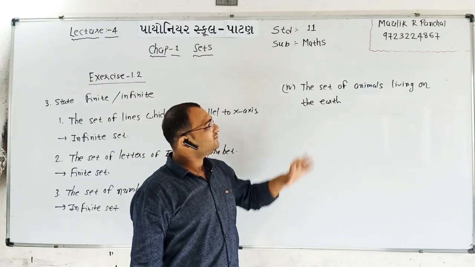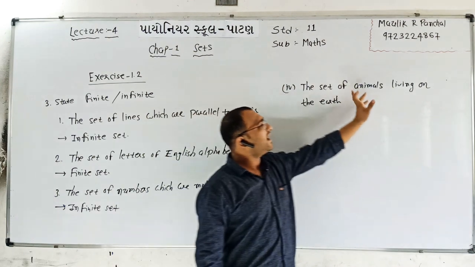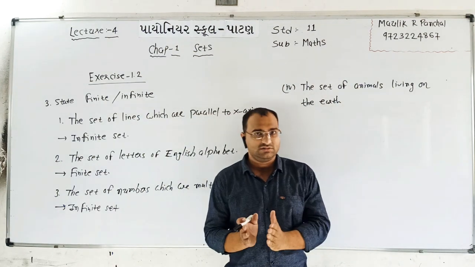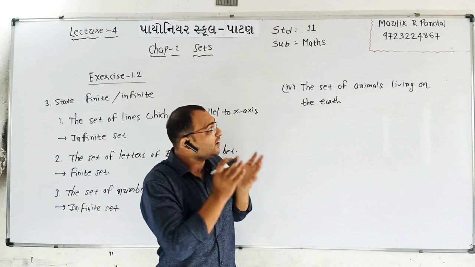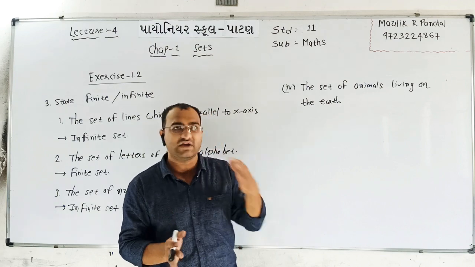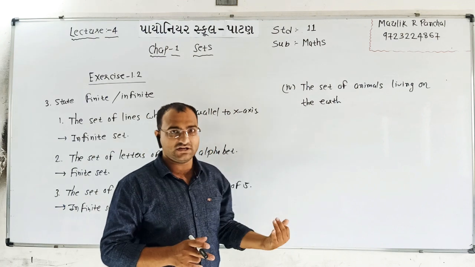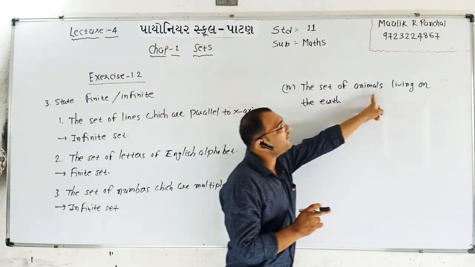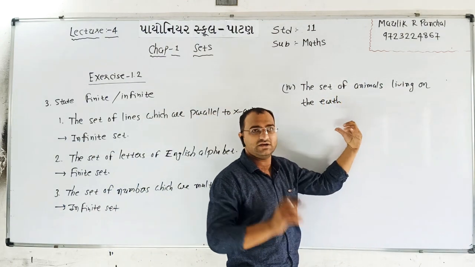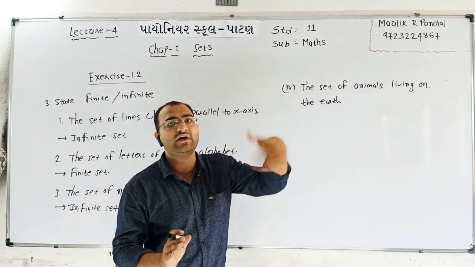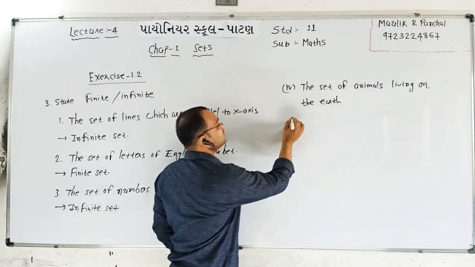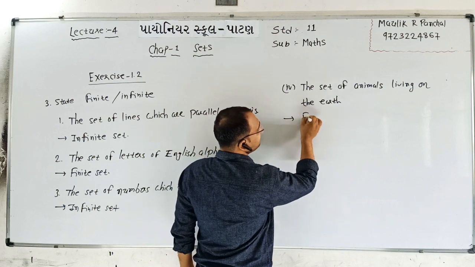We can't count the animals living on the earth, but the number of animals living on the earth is definite. That means the set is a finite set, because the number of animals living on the earth is a definite number, not infinite.